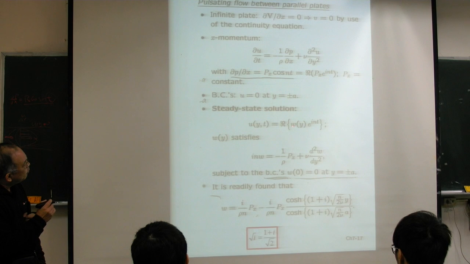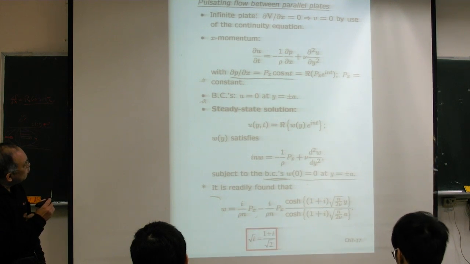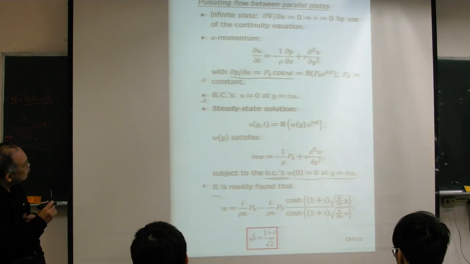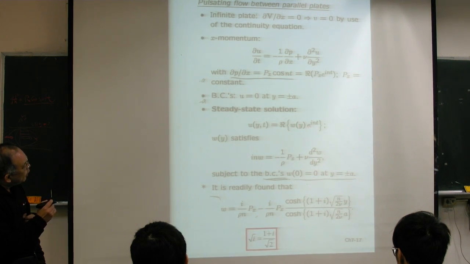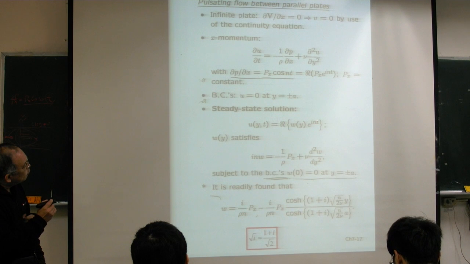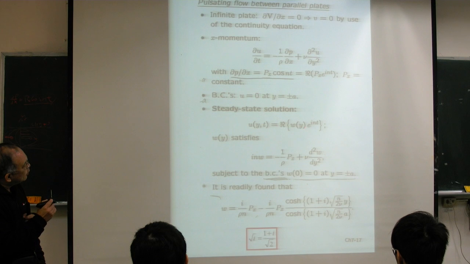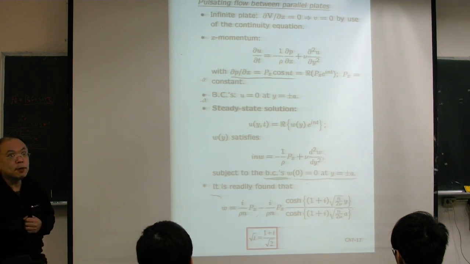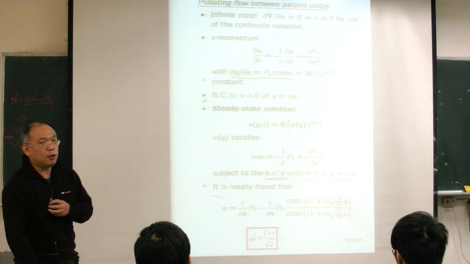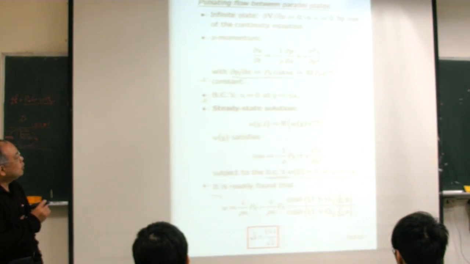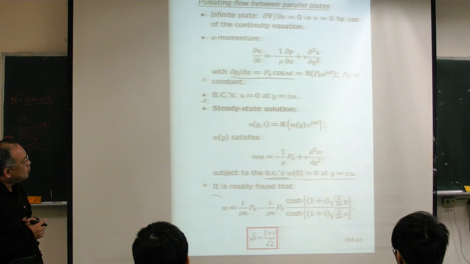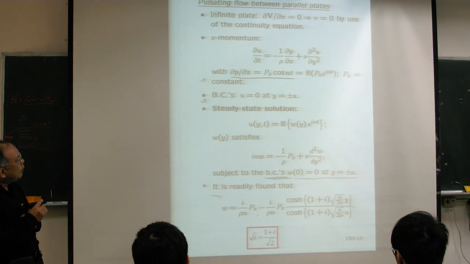So our variable u is a function of y and t, but we're using so-called separation of variables. W is only a function of y, and e^(int) is only a function of time. So these two variables, y and t, are separated into two functions. In the partial differential equation we can solve that by using this method called separation of variables. And we take the real part of this because this is cosine nt.